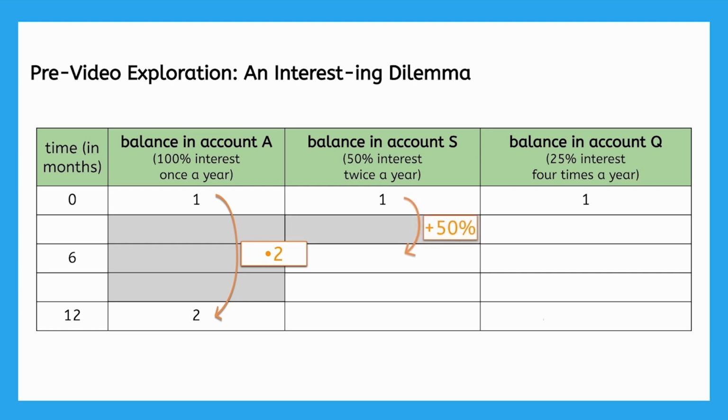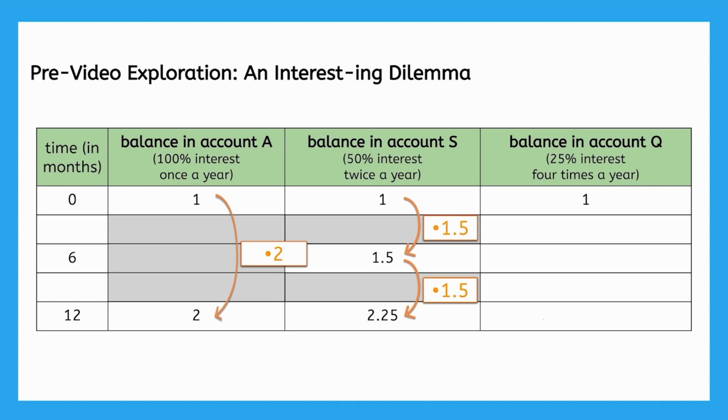That is, at the 6-month mark, and then the second 50% at the end of the year. We add 50% by multiplying by 1.5, so at month 6 we get $1.5. But then the second 50% we add will be from the new balance of $1.5, which results in $2.25, more than in account A. Why did we get different results?